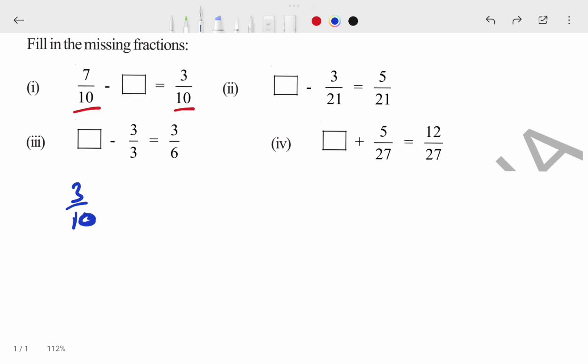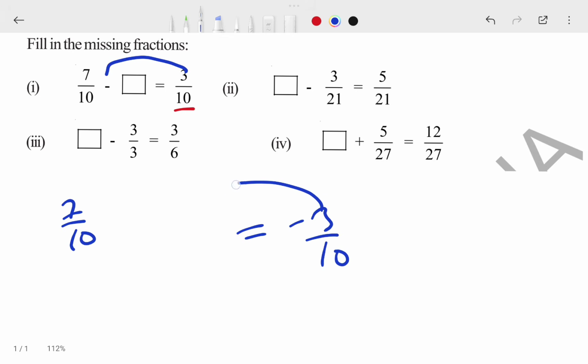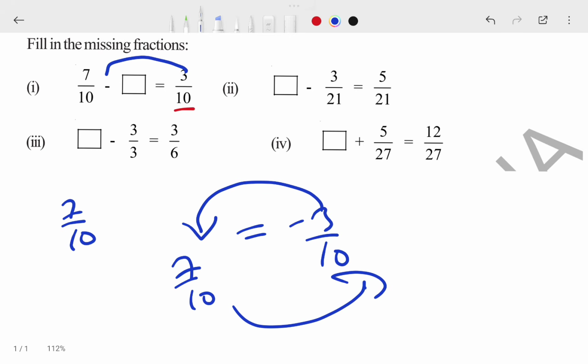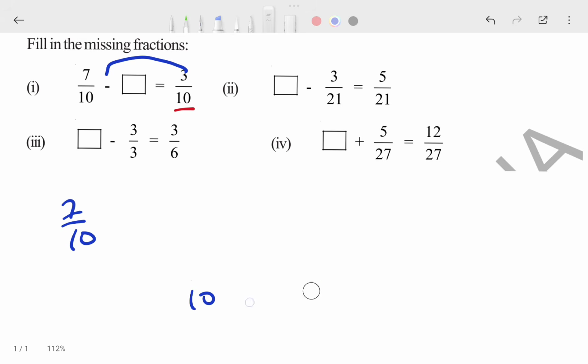You can send this here, or you can send that one to that position, you can do anything. Like 7 by 10 is there now, and 3 by 10 is there. So you can take this number to that side, otherwise you take this 7 by 10 to that side. You can do anything in this one. So generally I am taking this number to that side. So generally it is what it is.